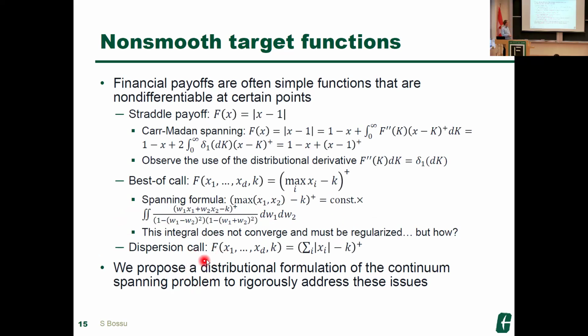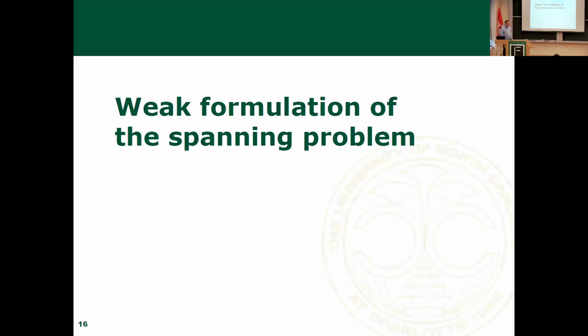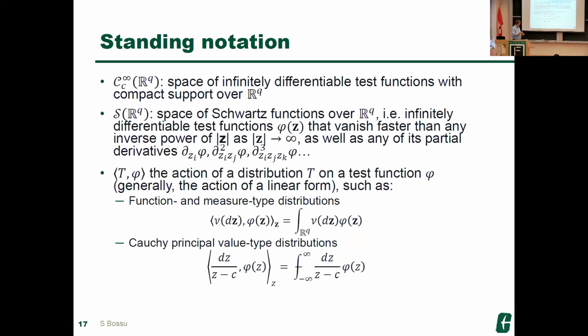And then the other interesting non-smooth target function is the dispersion call, which is what we also focused on in this paper. So it's an invitation to generalize the spanning problem using a weak, distributional formulation of that problem.